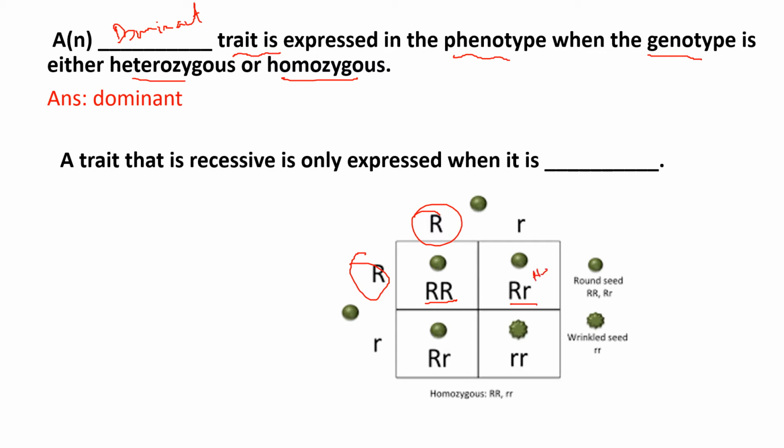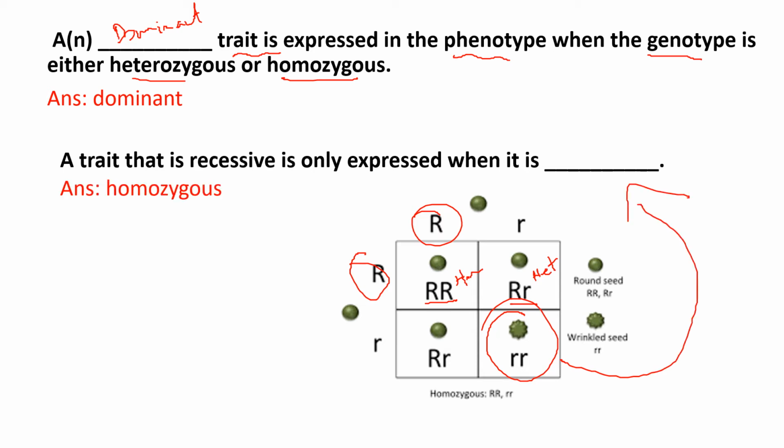So when this one is heterozygous or when this one is homozygous. On the other hand, a recessive trait is only expressed when it is homozygous. So this will be the answer.